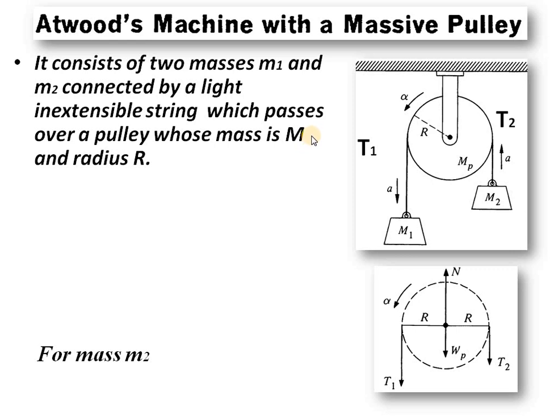So consider this Atwood machine, and there are two masses M1 and M2 attached at both ends, and assume that the pulley is of some definite mass, capital M, and assume that the radius of the pulley, which is something like a cylindrical object, is R. Okay.